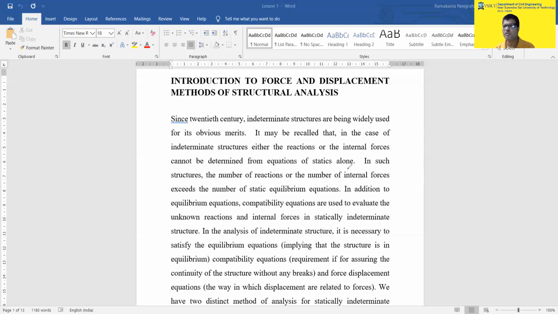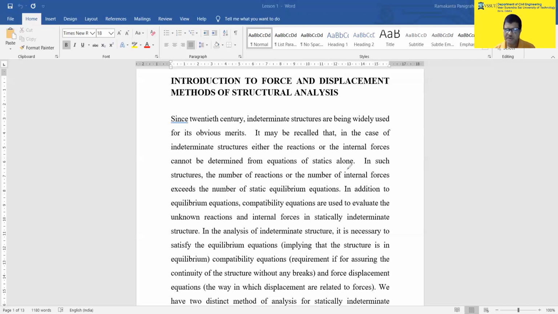When we talk about equations of statics alone, it means there is no compatibility condition. Compatibility comes as another thing. Only equations of equilibrium means there will be three equations: the algebraic sum of the vertical forces is equal to 0, the algebraic sum of horizontal forces is equal to 0, and the algebraic sum of the moments at any point in the plane, sigma M, is equal to 0.